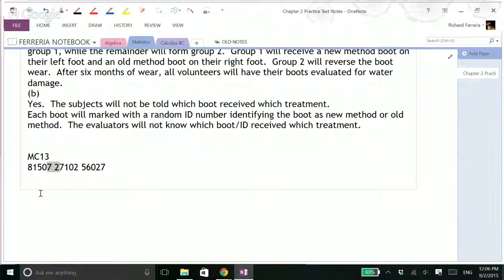It's not there for any other reason. After 72, the next one is going to be 71, 02, and I think you get the idea. So if you're doing 3-digit numbers, prisoner 815, prisoner 072, 710, 256.